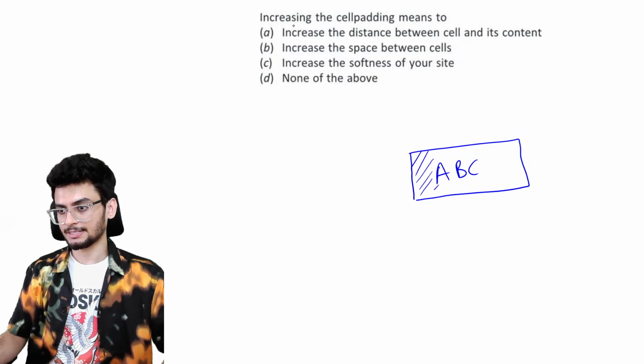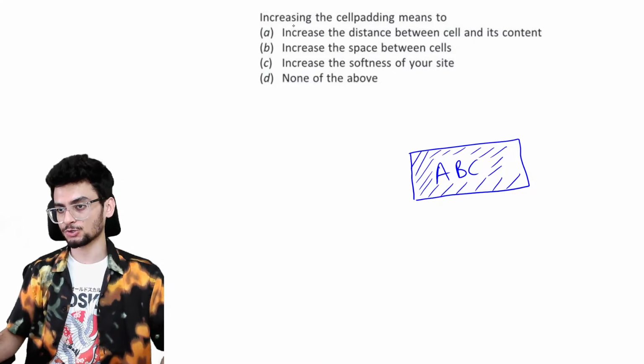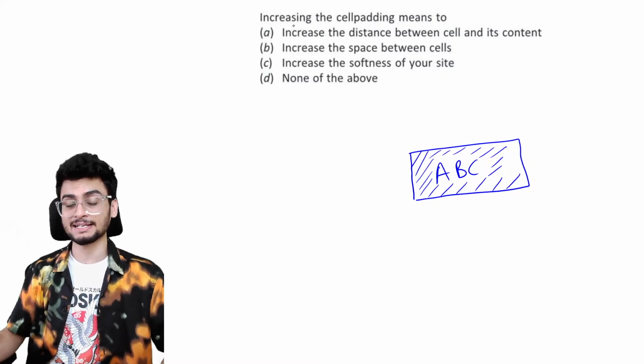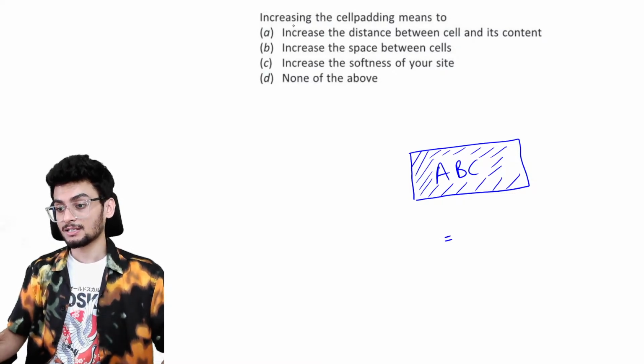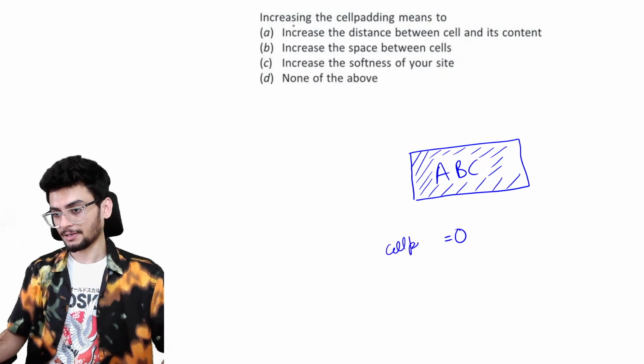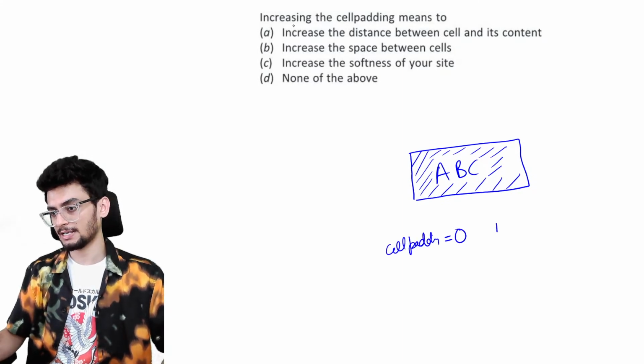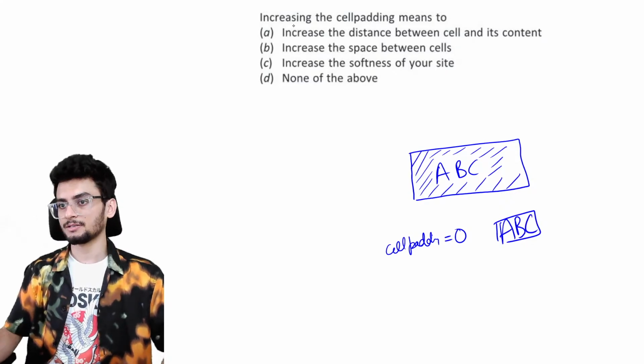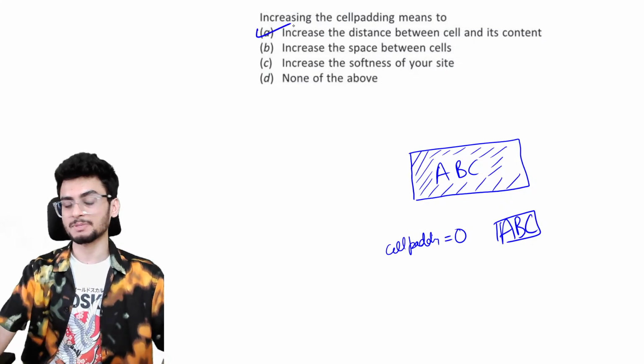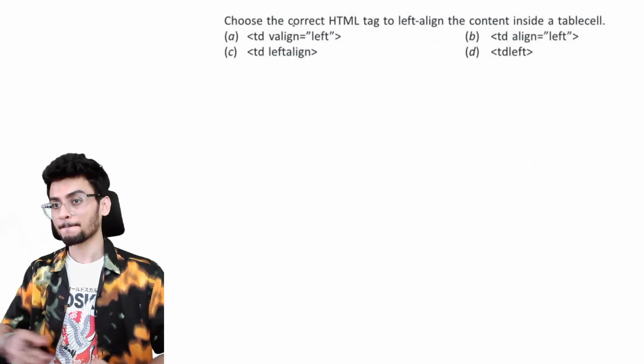This distance between the text and the boundary is known as cell padding. अगर यहाँ पर cell padding है तो ऐसा दिखेगा. If there is 0 cell padding, how will it look? It will look like this. ठीक है? Increases the distance between cell and its content.